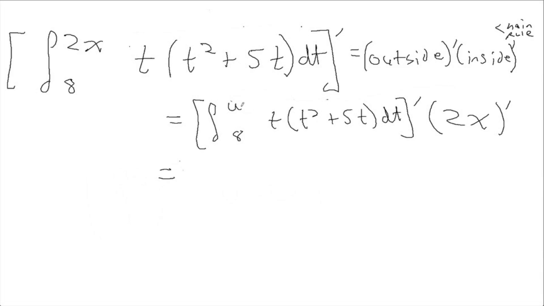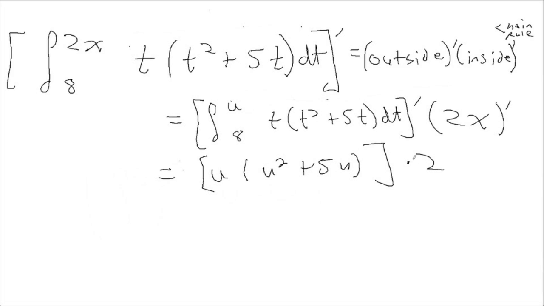And the fundamental theorem of calculus says that the way you take the derivative of a definite integral is that you just write down the function that you were taking the integral of, but you plug in the limit of integration. So we'll plug in u for t, and u squared here, and 5u. And then this derivative is just 2.